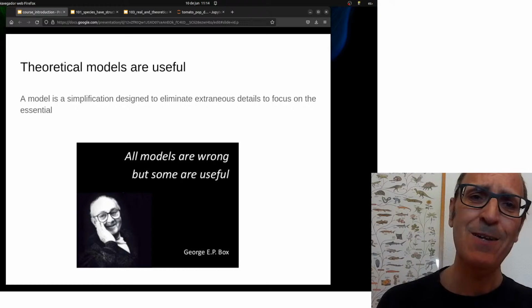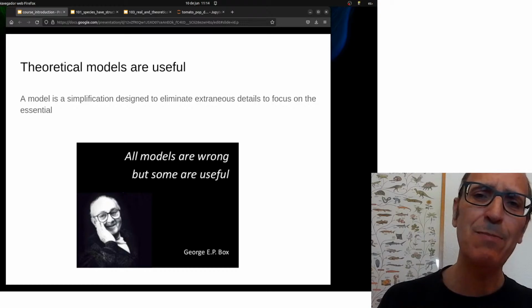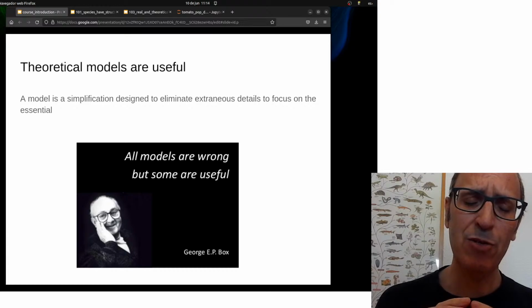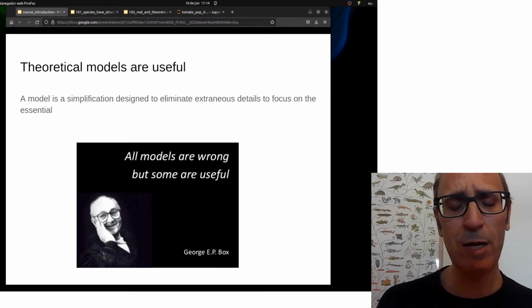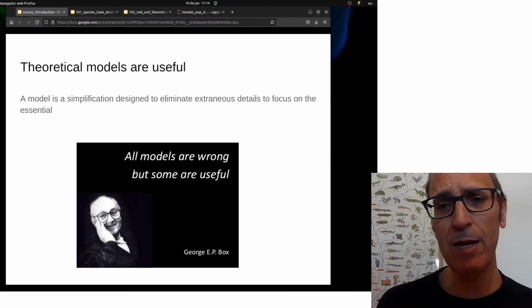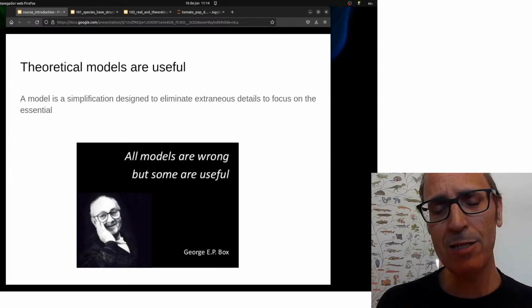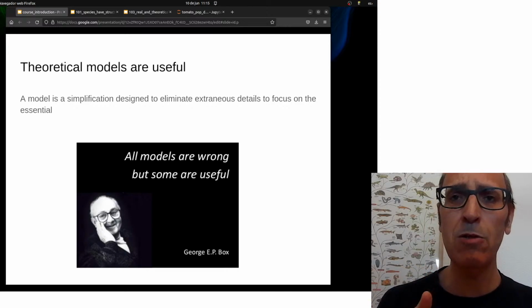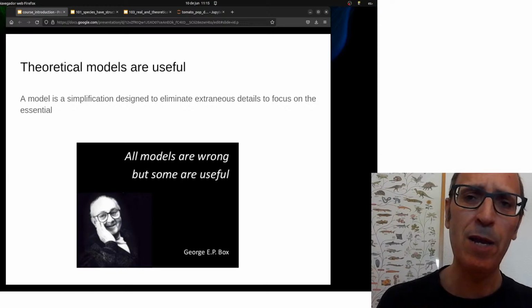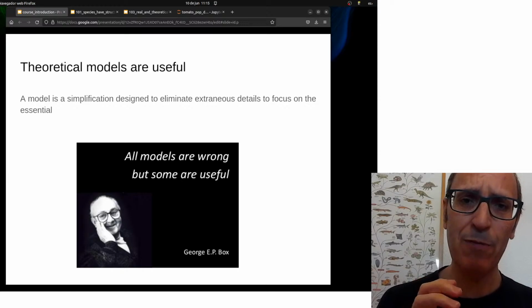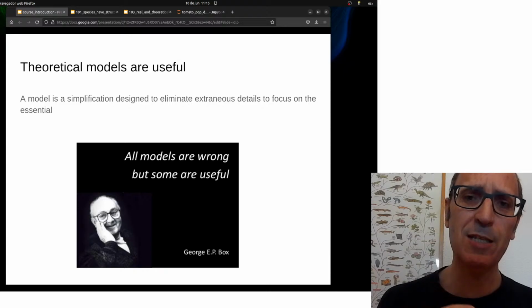Okay? Any model is always a simplification. It's not the real deal. It's not the real population. Any model about, in fact, anything will be something that is useful to us because it gets the gist of what is going on in reality, but it's not really reality. It's a simplification that helps us to understand what is going on.